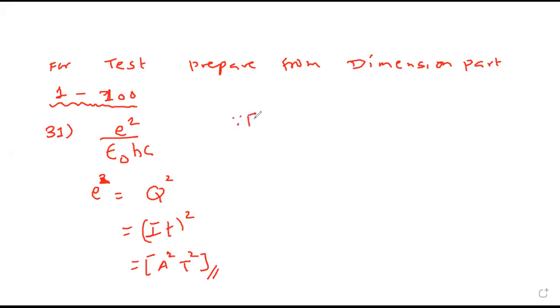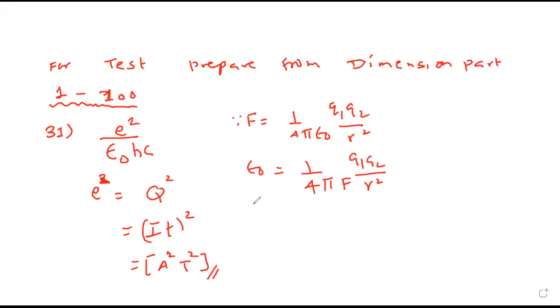Now for epsilon, F is 1 upon 4 pi epsilon Q1 Q2 by R square. So epsilon is 1 upon 4 pi, F, Q1 Q2 upon R square.